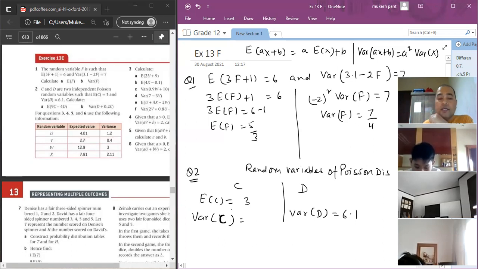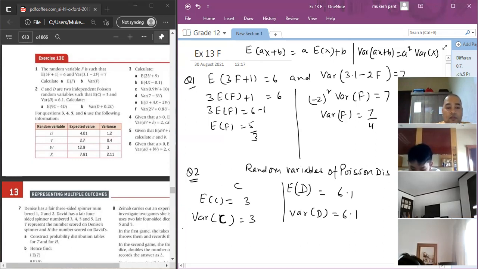That we discussed earlier, but it's only for Poisson distribution. Similarly, if the variance of D is 6.1, then E of D will also be 6.1. This feature of Poisson distribution we apply here.